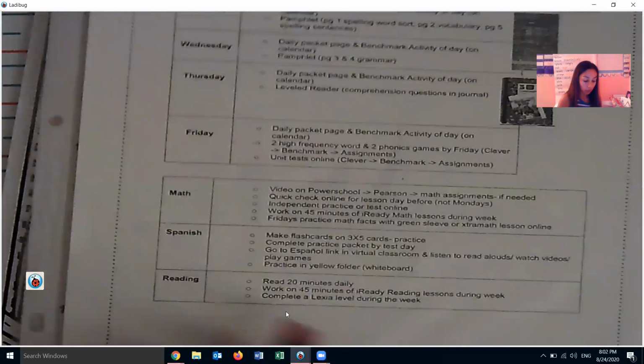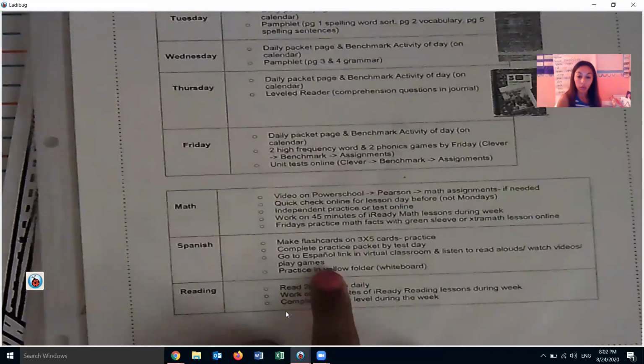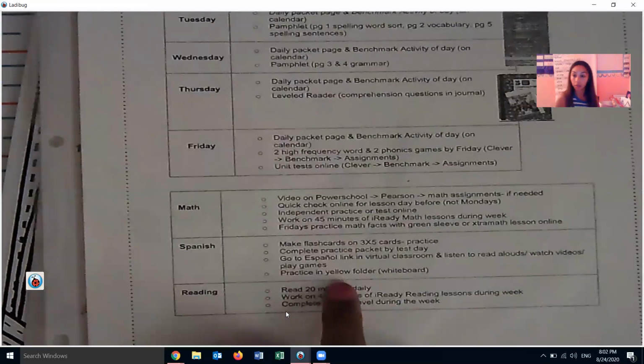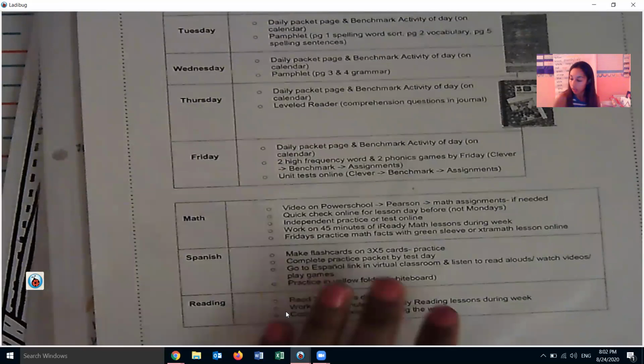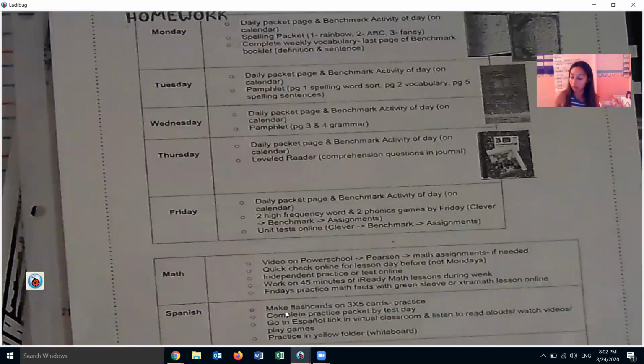For Español, you're on your own there. For now, I'm going to be posting a key for the entire packet. So as you're working through it, if you want to check on that key, you can, but you can also really check with your vocabulary list.